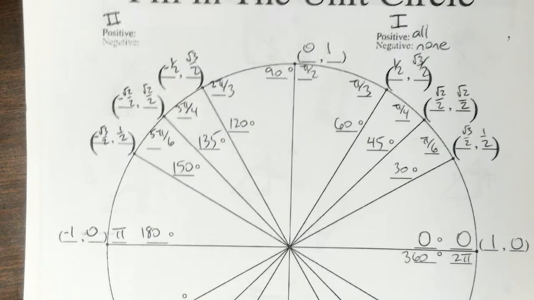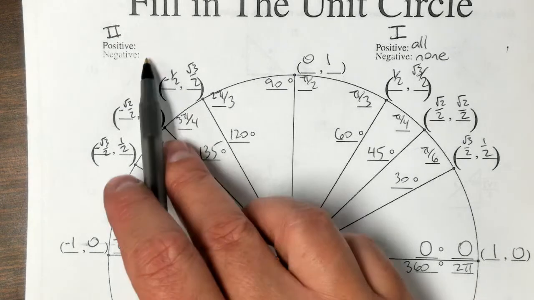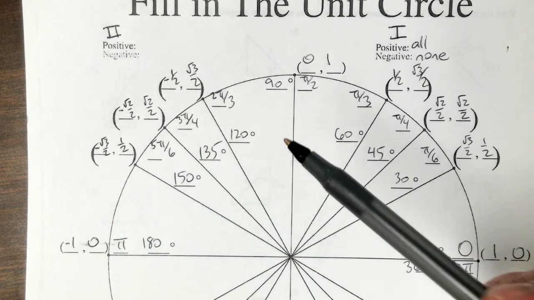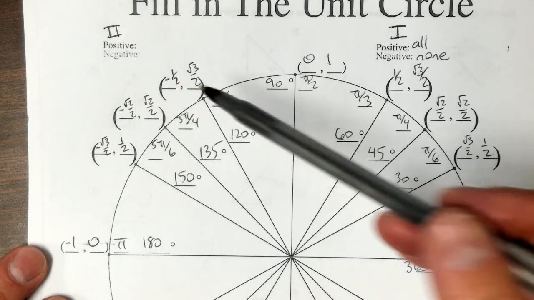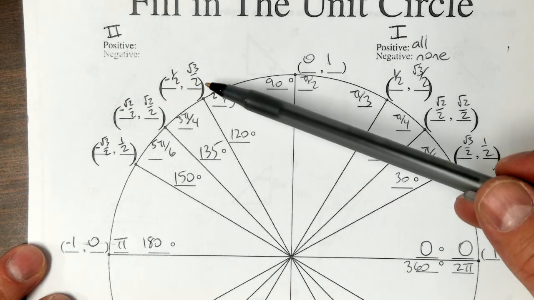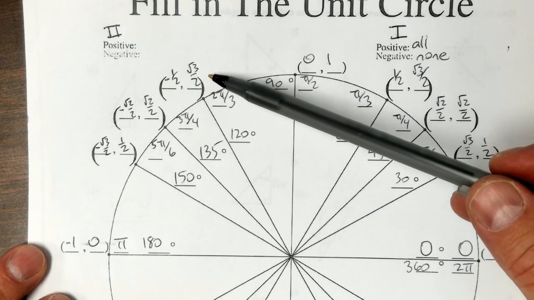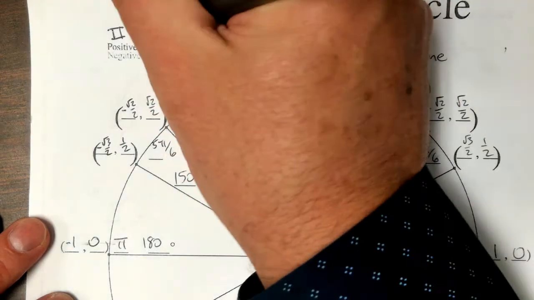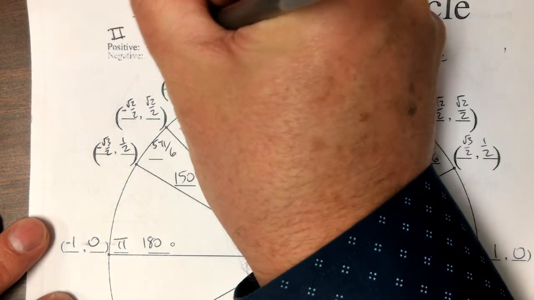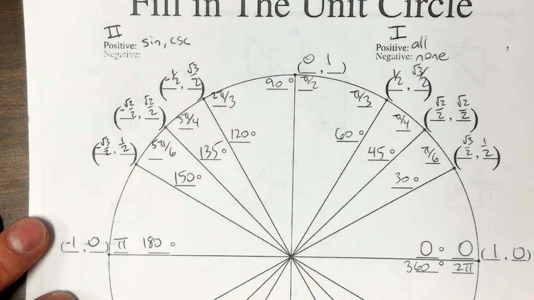Now the part for the positive and negative for this one, it looks like your x's are negative, so anything with only your y values would be positive, which is your sine and cosecant. Sine and cosecant are positive.